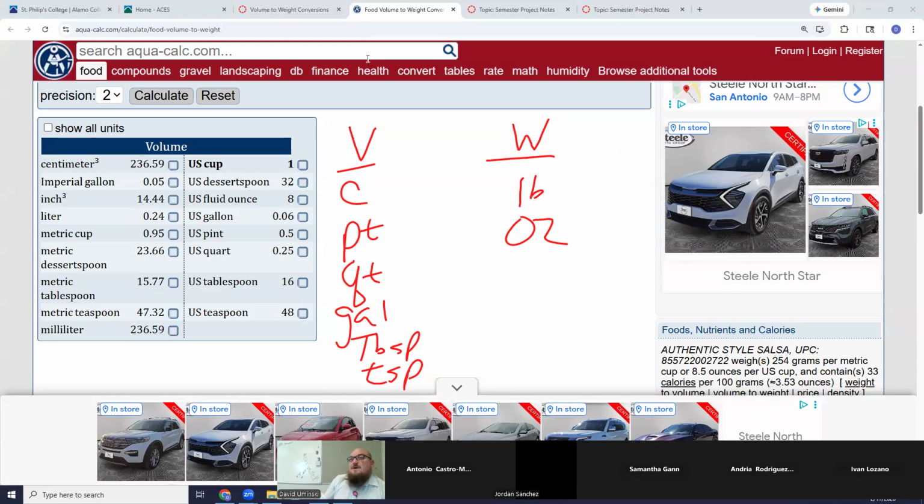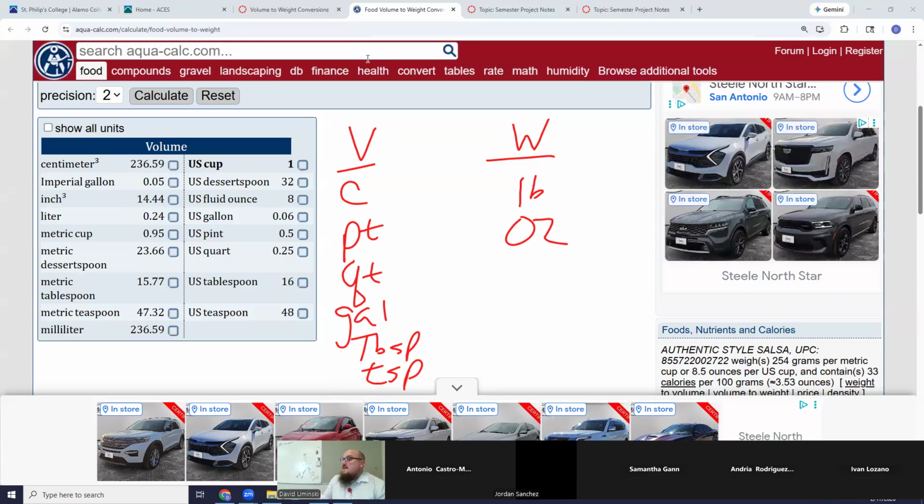Why do we want to ask that question? They both weigh differently. Yeah, if it's a liquid ingredient, then we know that 1 cup is 8 ounces of volume, right? We measure liquid by the volume. But if it's a dry ingredient, we measure it by weight. So that's your first question.